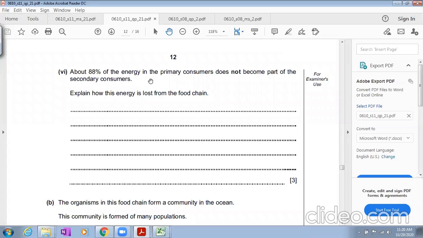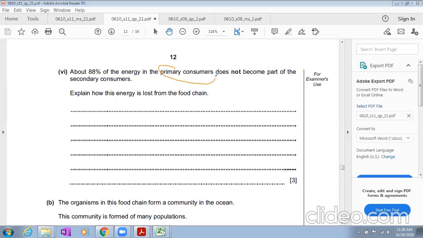About 88% of energy in the primary consumer doesn't become part of the secondary consumer. Explain how this energy is lost from the food chain. If you go back, what is the question?